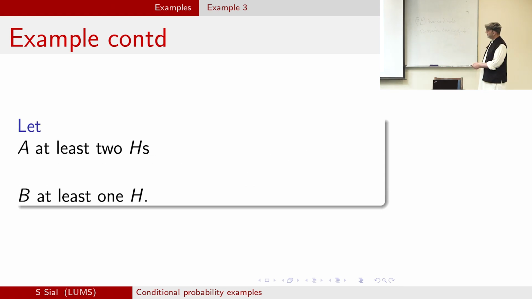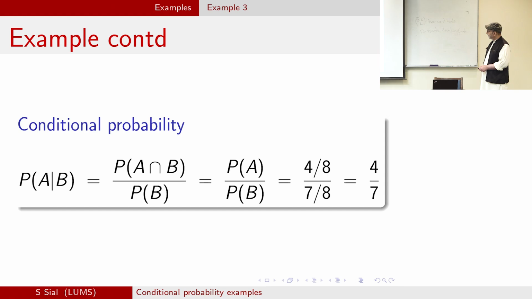A is the thing we're interested in, the probability of observing 2 H's, and we were given B, that you got at least 1 H. We're interested in the conditional probability, the probability of A given B. So the probability of A given B is the probability of A intersection B divided by the probability of B.